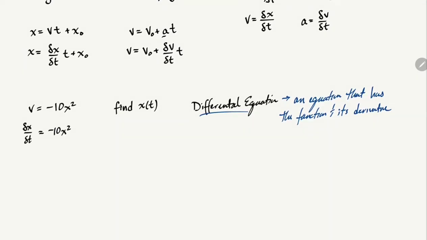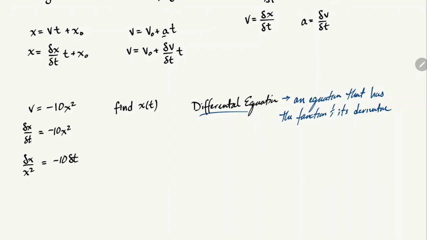I'm just going to do some algebraic manipulation. I'm going to get all the like terms on the same sides. Basically, we're just doing our old school algebra. So now I've got dx divided by x squared equals negative 10 dt.